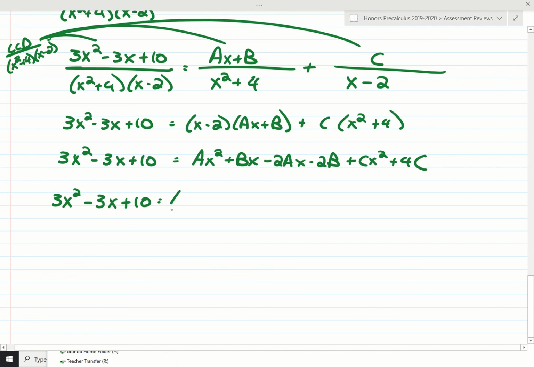So I'll group my quadratic terms, a and c. I'll group my x terms. And my linear terms, or my constant terms, I should say. These are my linear.